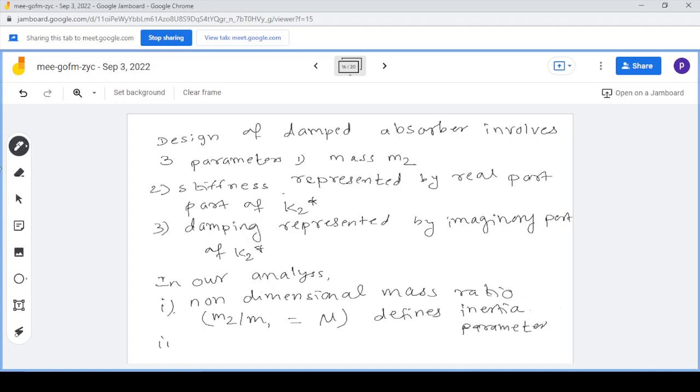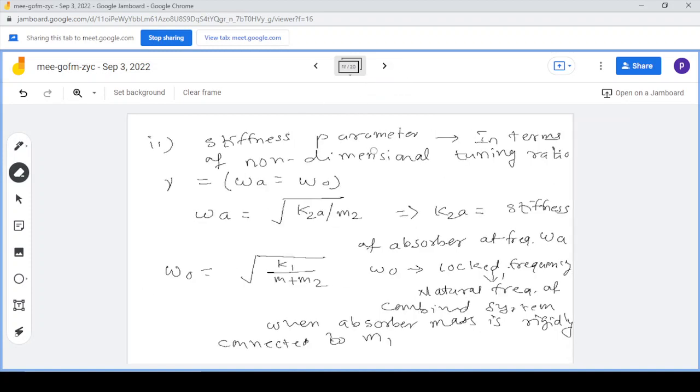The second that we are going to consider is the stiffness parameter, considered in terms of the non-dimensional tuning ratio. So what is this non-dimensional tuning ratio? Nu is equal to omega A by omega 0, because it's a ratio.